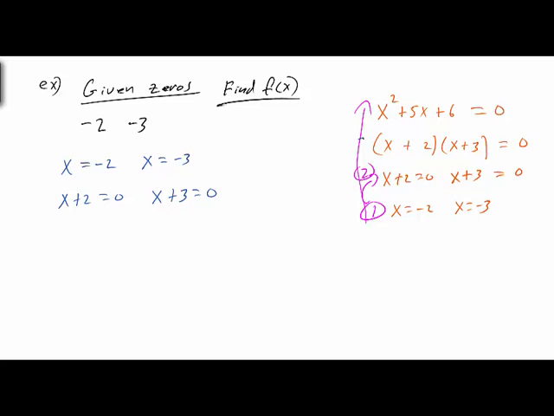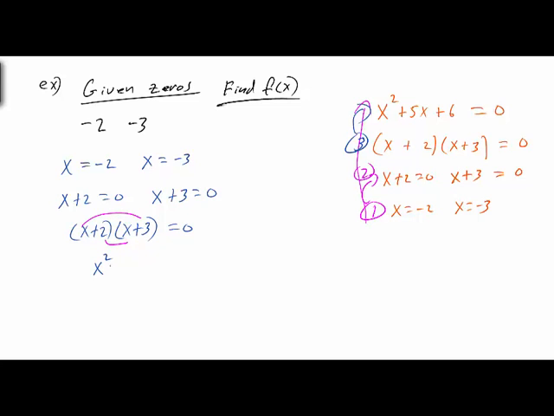And then over here you have your third step where you're going to have your factors multiplied together. So we're going to take the factors x plus 2 and x plus 3, and then we simply multiply that out. So x times x is x squared. x and 3 is going to give you 3x. This is going to give you 2x.